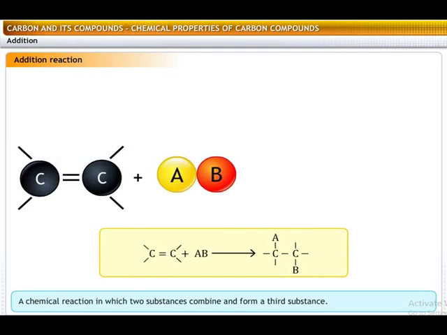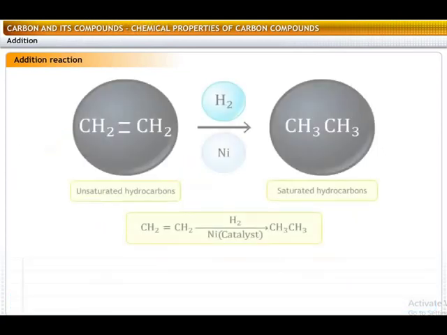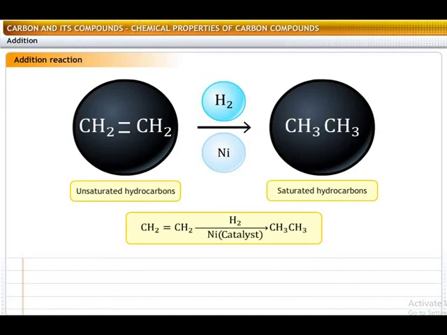Carbon compounds undergo a reaction known as addition. Addition reaction is one in which a molecule adds across a double bond or a triple bond. Hydrogenation is a chemical reaction that results in addition of hydrogen.